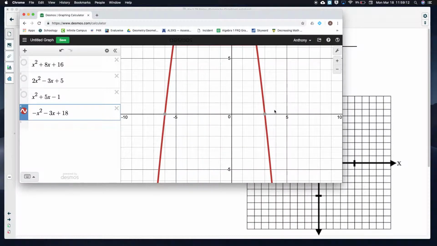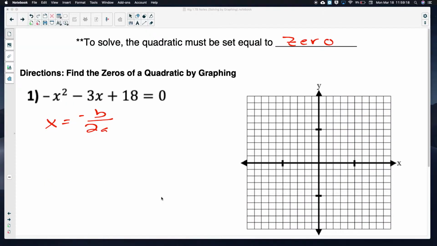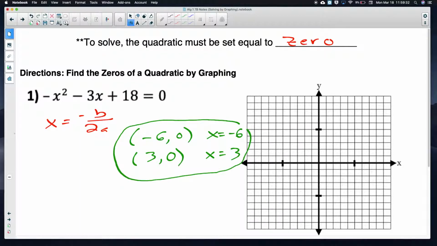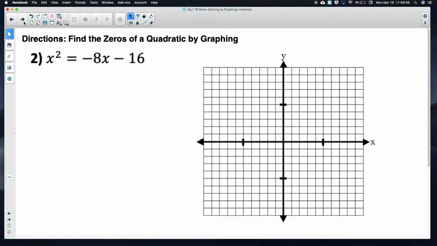But if I look just at the x-intercepts, I see that I get (-6, 0) and (3, 0). So the solutions are (-6, 0) and (3, 0). You might also see just x equals negative 6 and x equals 3. Both of those work. Alrighty? Let's look at our next one.